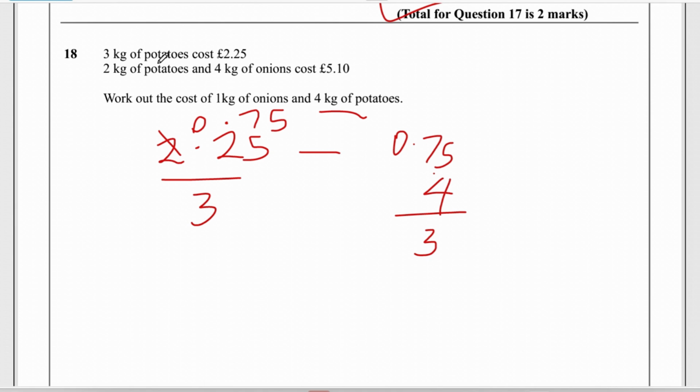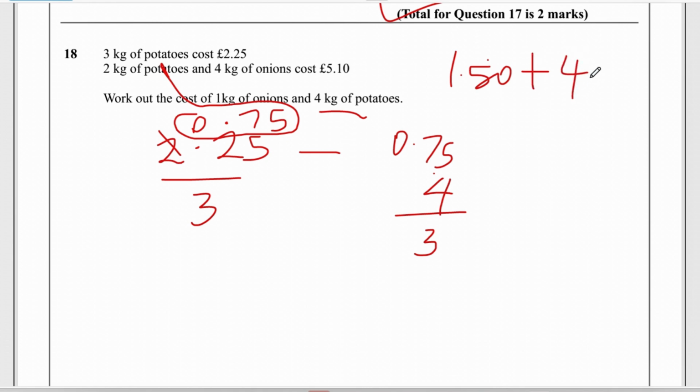Now, they told you that 2 kilograms of potatoes and 4 kilograms of onions cost this. So 1 kilogram of potatoes we got as 0.75. So 2 kilograms of potatoes will be 0.75 multiplied by 2. That will give you 1.50. So 1.50 plus 4 kilograms of onions.